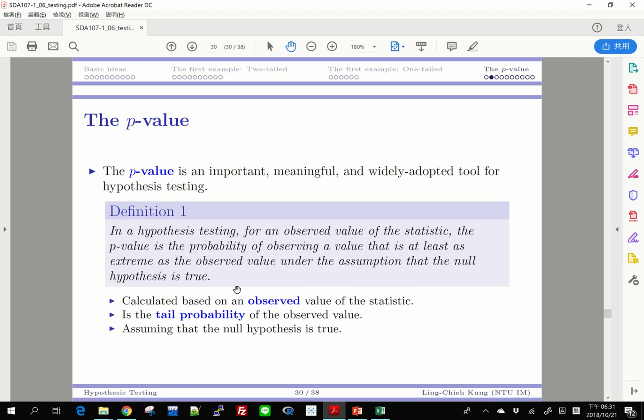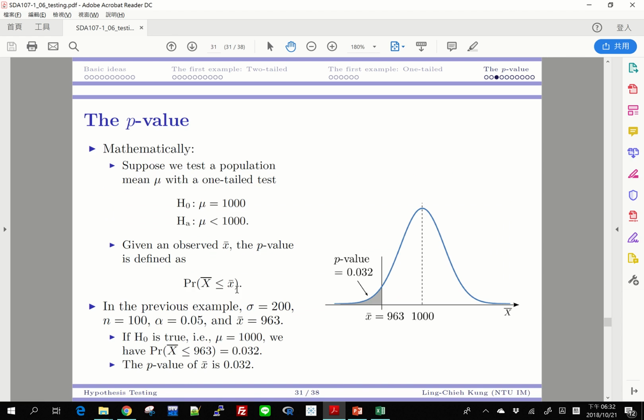So, if our null hypothesis is true, what's the probability for you to see that value or even more extreme values? That's p-value. So here, we gave you one example. Our null hypothesis is saying that our mu is 1000.